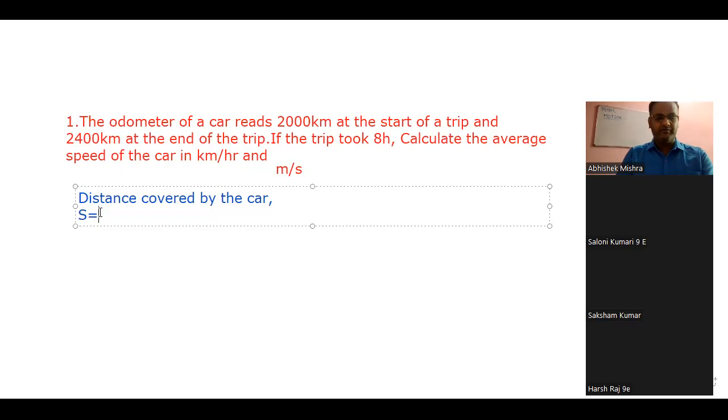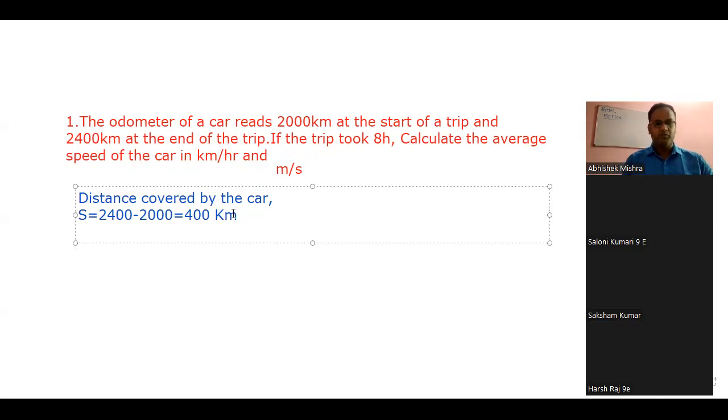That means 2400 minus 2000 is equal to 400 kilometer. Okay, 400 kilometer. Is it okay, students?